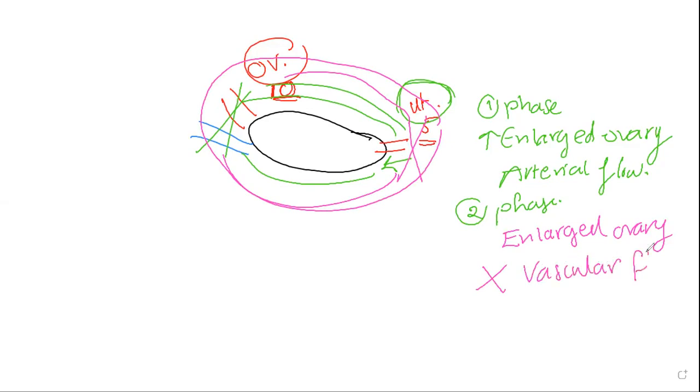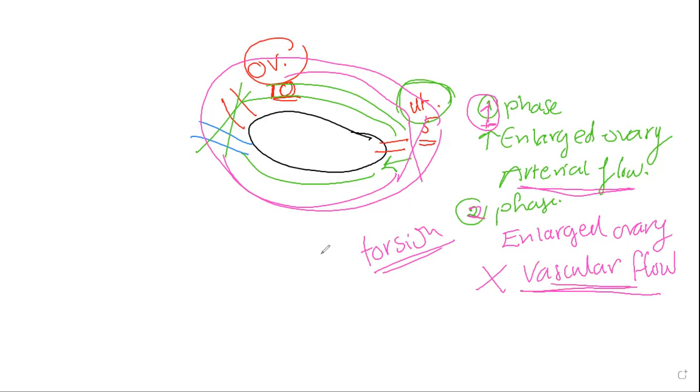Here the torsion is complete. So here there is a torsion, but with preserved flow in phase 1, preserved arterial, not venous, arterial flow. And in phase 2, there will be no vascular flow at all. So can there be torsion with vascular flow inside? Yeah, some arterial flow in phase 1. So this can happen. And of course, if there is no vascular flow, this is torsion.